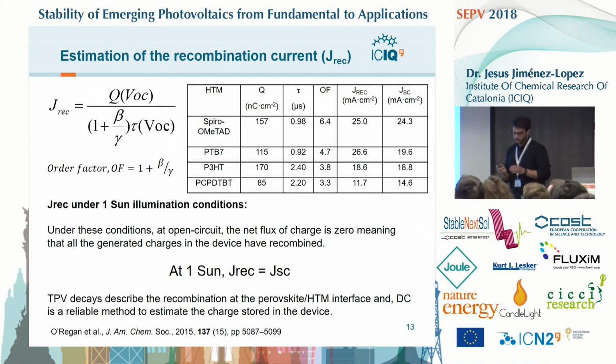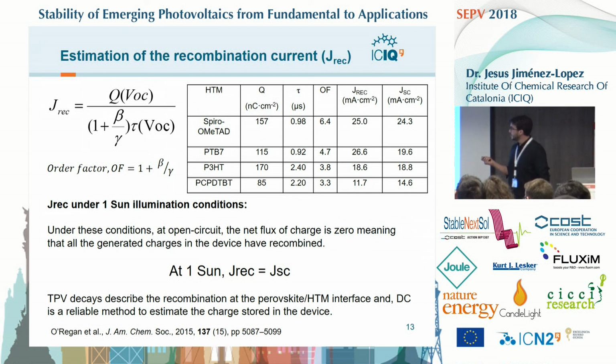Why are we going to use the recombination current? When we are measuring at one sun, all the charges generated should recombine, so the recombination current should be the same as the JSC. To estimate the recombination current, we take the charges stored in the solar cell from differential charging at one sun, and we divide it by the order factor, taking the beta from the exponential fit of the TPV and the gamma from the exponential fit of the differential charging.